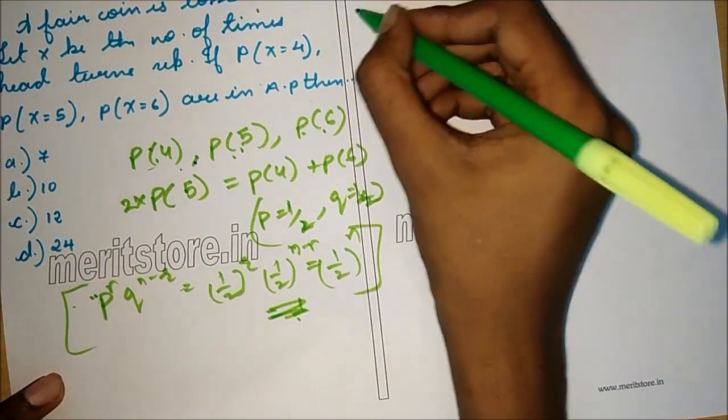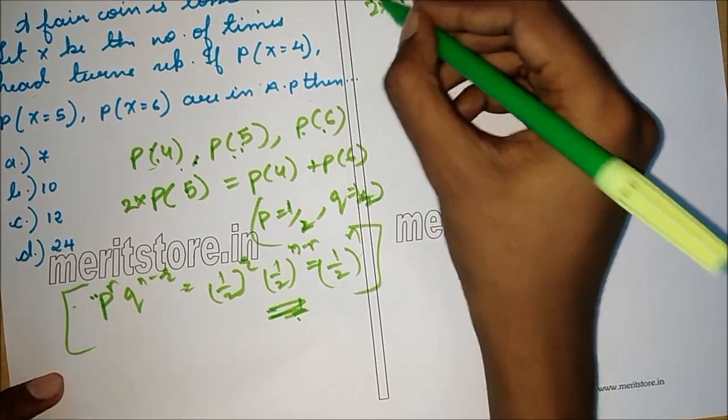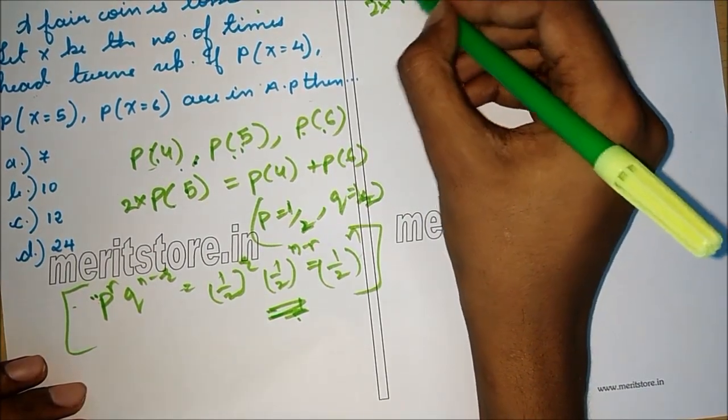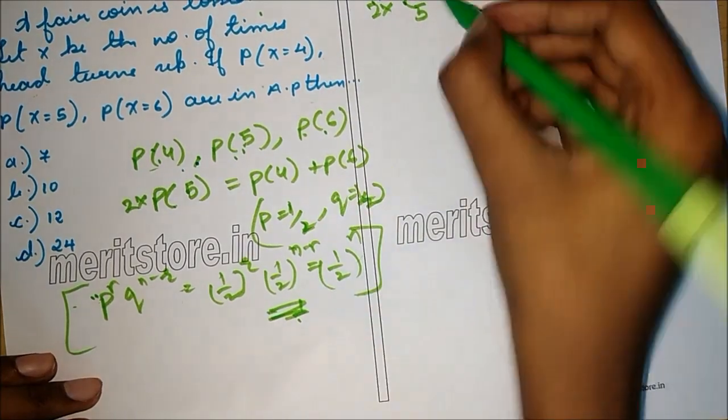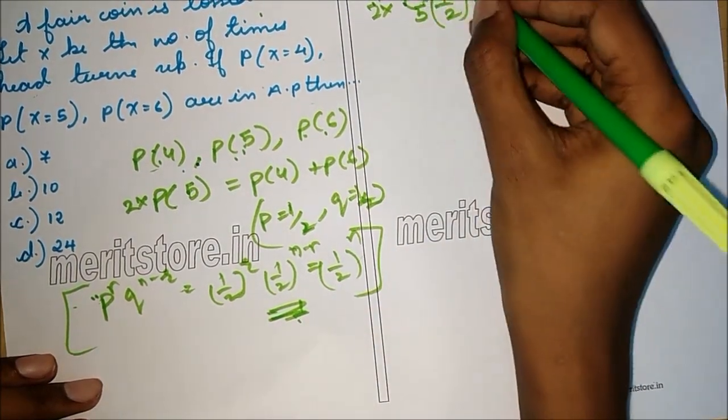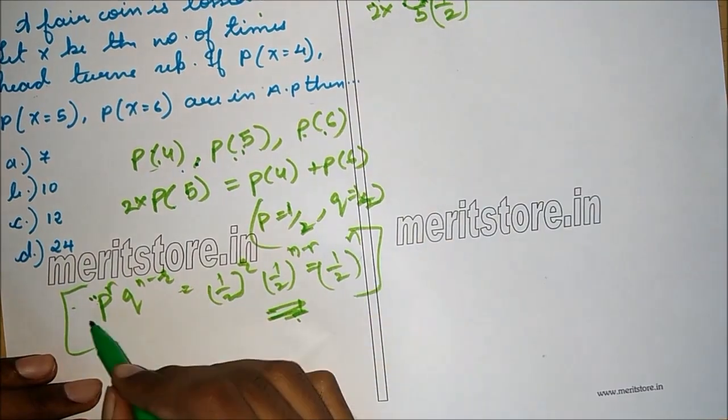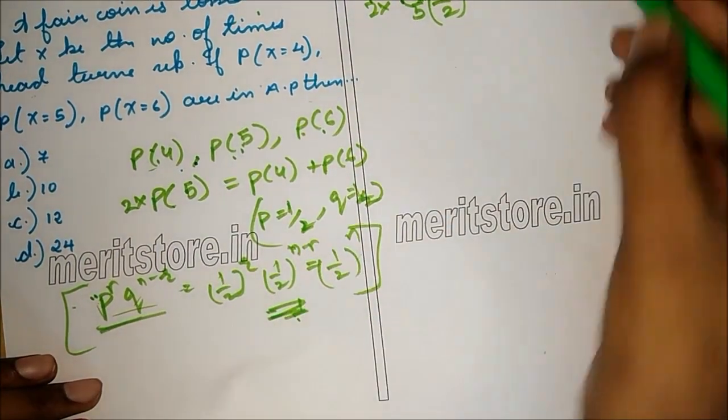So 2 times p of 5, p of 5 will be nCr, that is nC5, into 1 by 2 raised to n, since we have simplified p raised to r, q raised to n minus r.